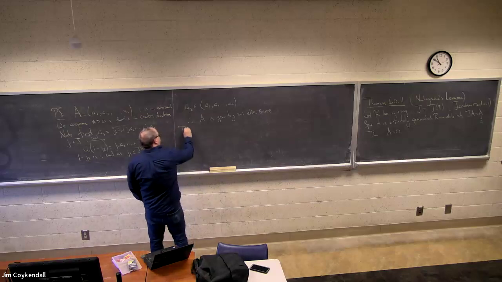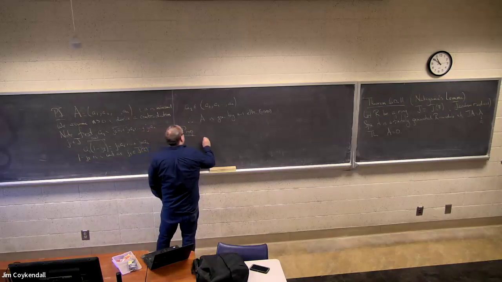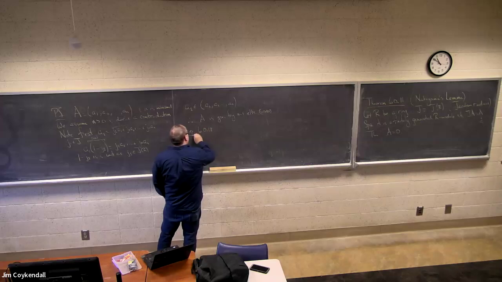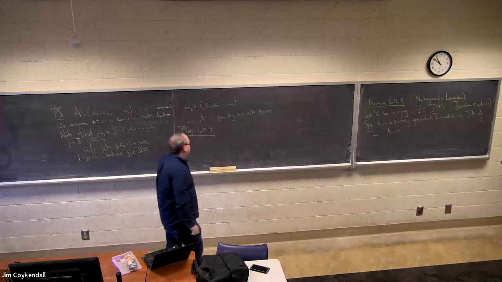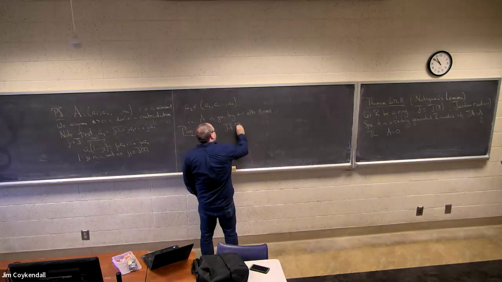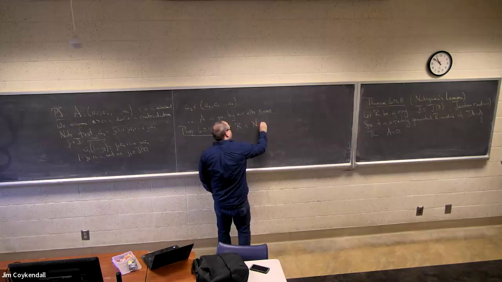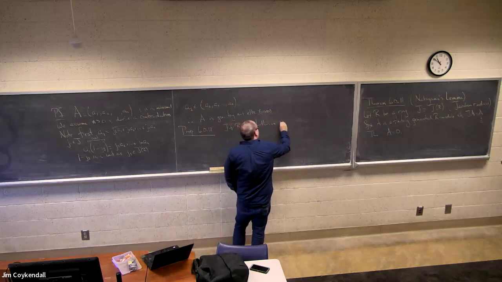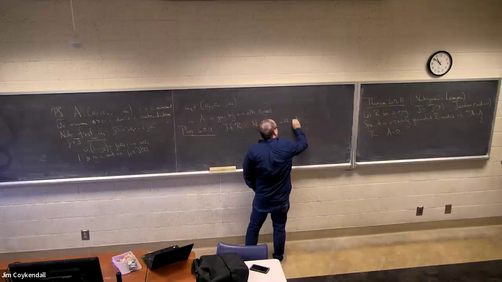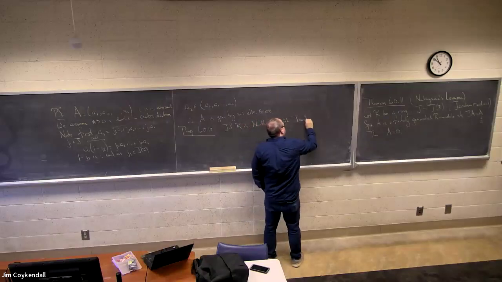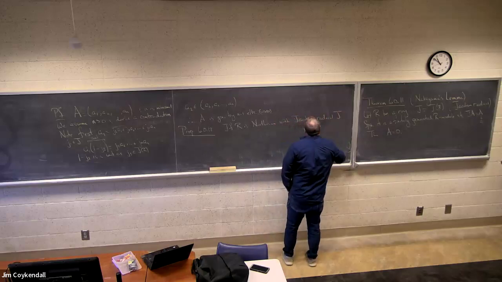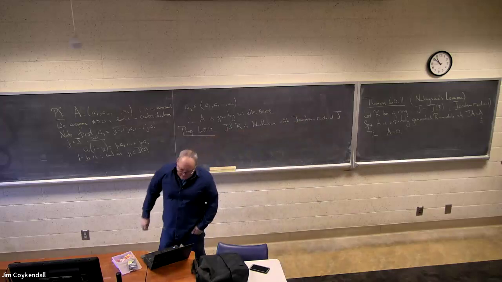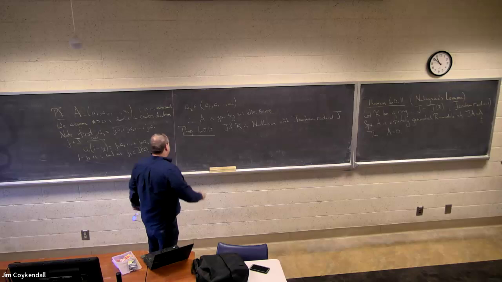Okay, so let me give this proposition here. Let R be Noetherian with Jacobson radical J, and A a finitely generated R module.